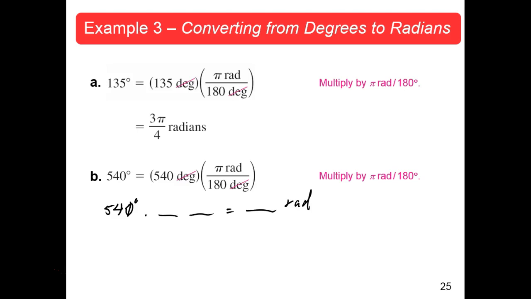Always put the units in their place. What unit goes where? Degrees go in the bottom and radians on top. And how many radians are equivalent to how many degrees? What's the relationship? 180 degrees is how many radians?